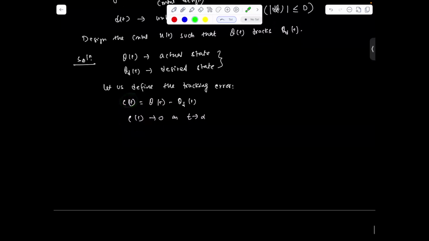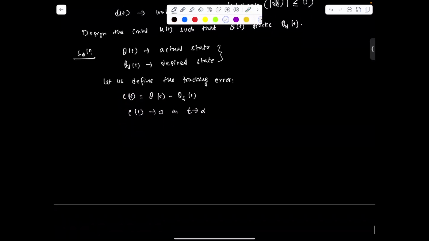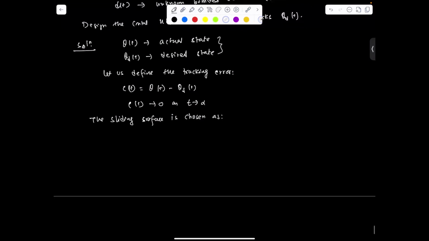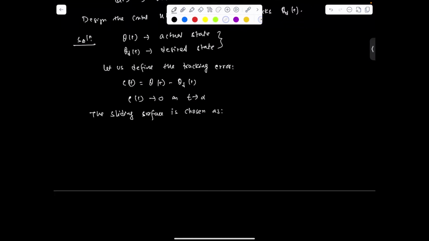So the sliding surface is chosen as S of t equal to e dot t plus lambda e of t. If you notice this sliding surface, it is a very stable function.